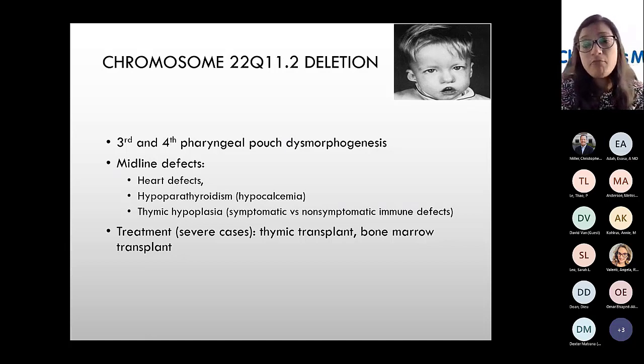Most of these patients have milder immunodeficiency and need supportive therapy. Less than 1% have complete aplasia of the thymus and do not make any T cells, and they present like SCID. And those patients would ideally need a thymic transplant, and bone marrow transplant might be an option.